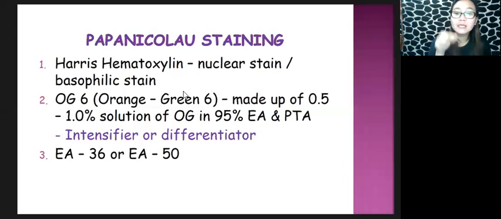This step is referred to as bringing your smears or sections to alcohol. You are performing basically a dehydration process. Why? Because the solvent that is utilized to prepare the next two stains is alcohol.